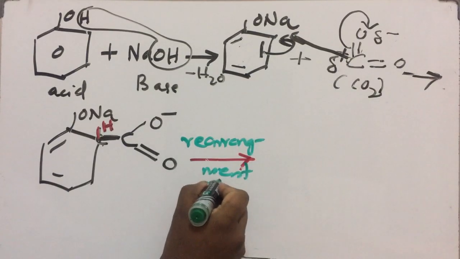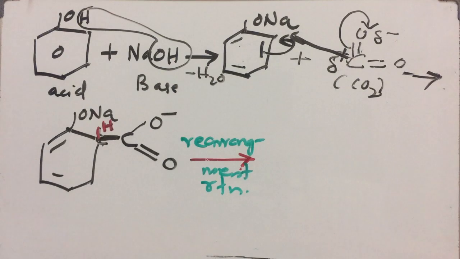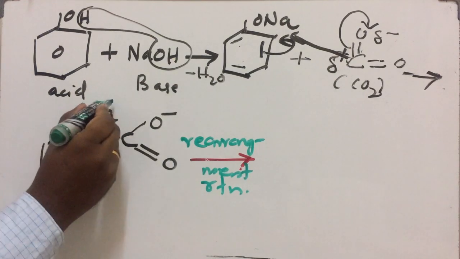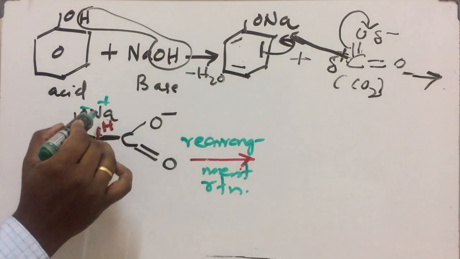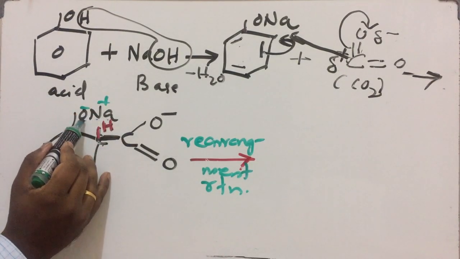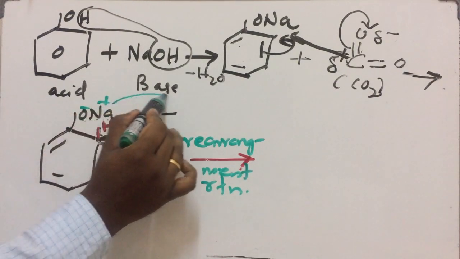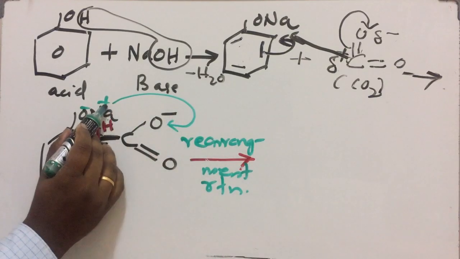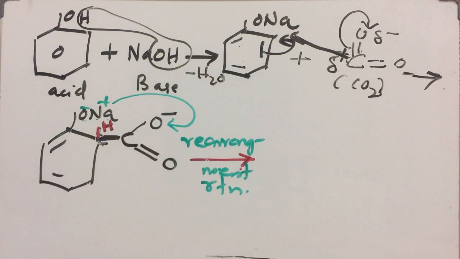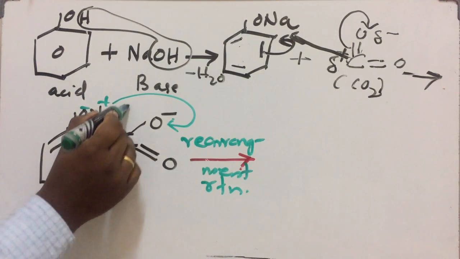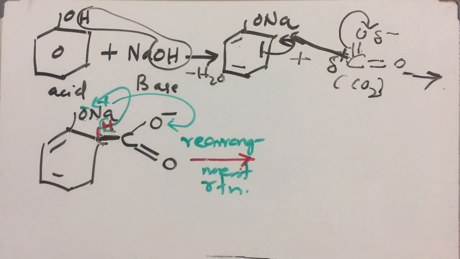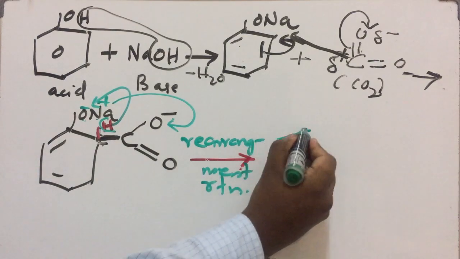One type of organic reaction is called a rearrangement reaction. Na positive present on O will shift to O minus. Positive will attract negative. Then H from here will shift to O. And the product will form like this.